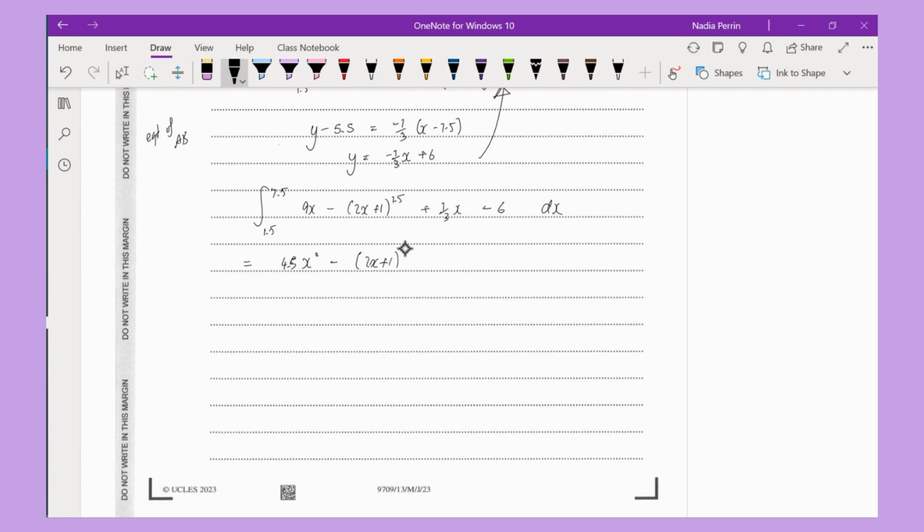Add 1 to the power, divide by the new power, and divide by the derivative of the inside. Add 1 to the power, divide by that new power, and that becomes 6x. And then it's just the tedious putting 7.5 or 1.5 into the calculator. And you get 12.7 minus negative 4.9, which gives us 17.6.